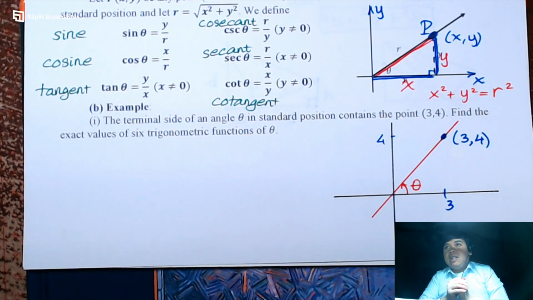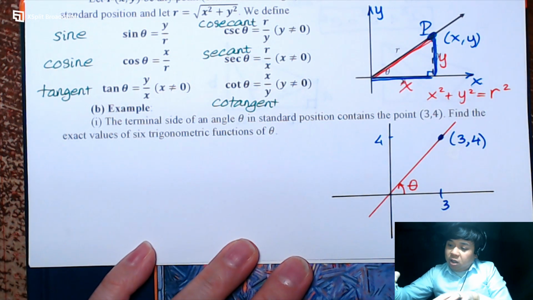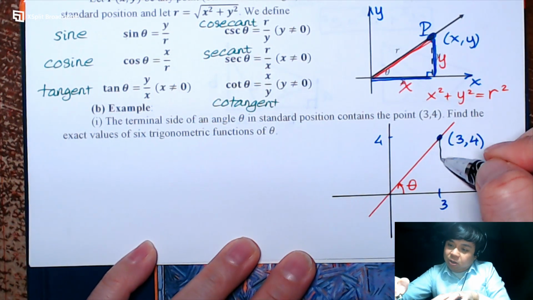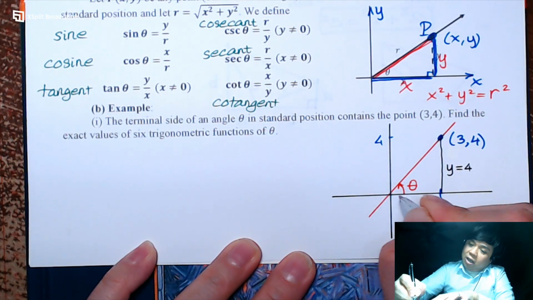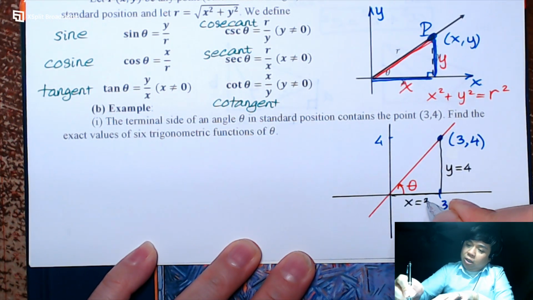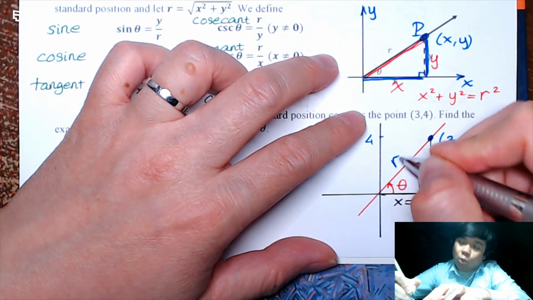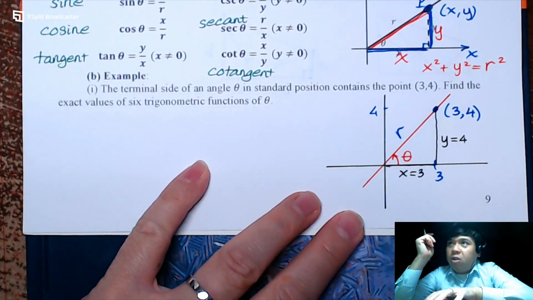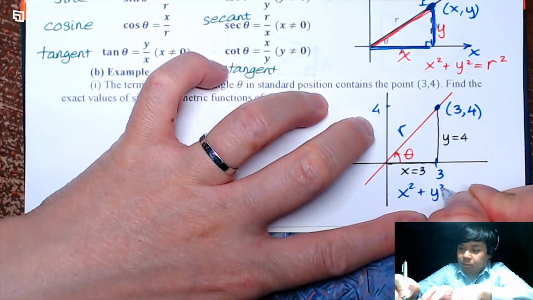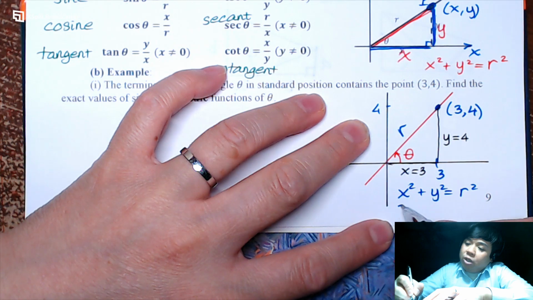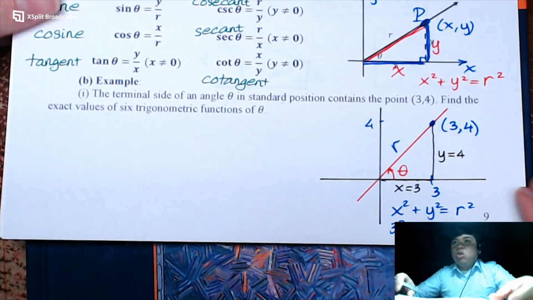Okay, so that is the angle corresponding to the point 3 and 4. If we draw a right triangle, this is y equals 4, and this is x equals 3, and this is r. We don't know r, but that should be very easy to find. Pythagorean theorem, x squared plus y squared is r squared. So 3 squared plus 4 squared is equal to r squared. 3 squared plus 4 squared, that's 25.